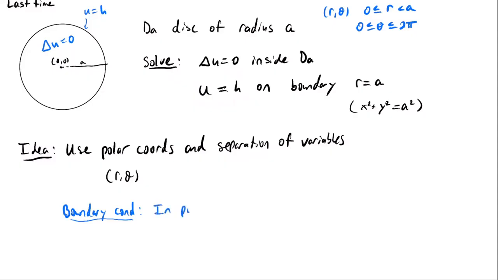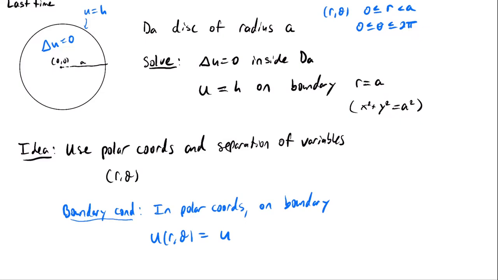If we use polar coordinates, u of r, theta is given by, well, the boundary is where we set r equal to a, so a is some fixed number.